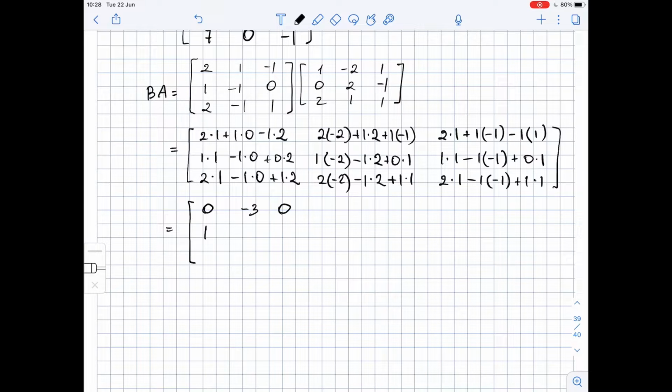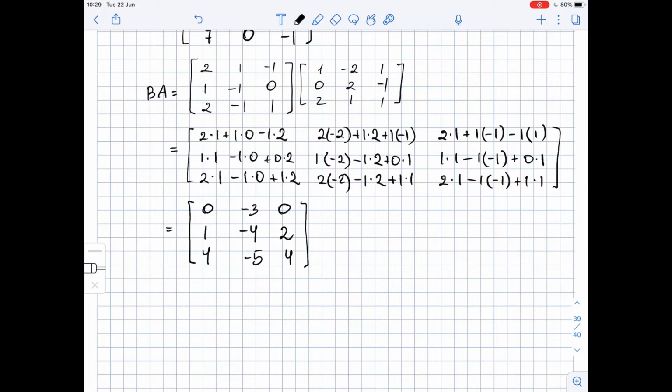Next we have negative 2 minus 2 plus 0, so it's negative 4. Then 1 plus 1 plus 0, so it's 2. 2 minus 0 plus 2, 4. Negative 4 minus 2 plus 1, it's negative 5, and 2 plus 1 plus 1 is 4.